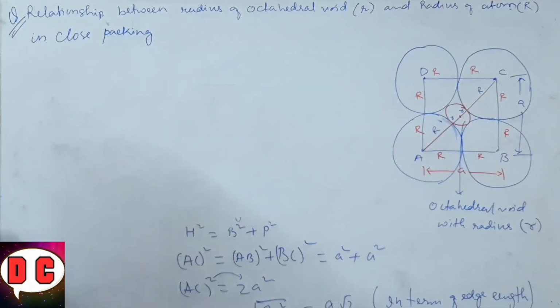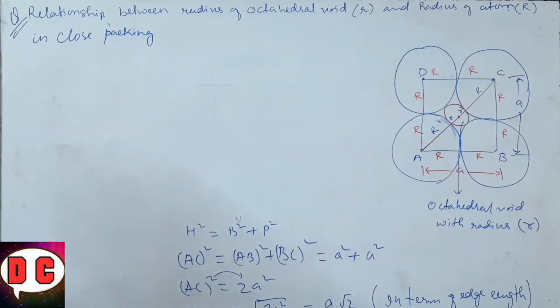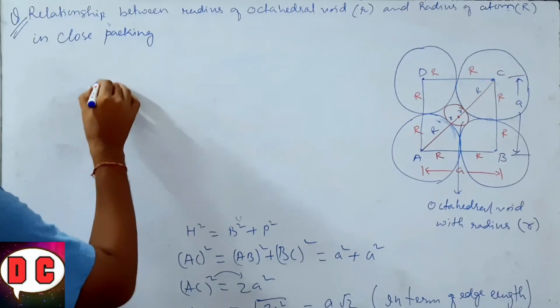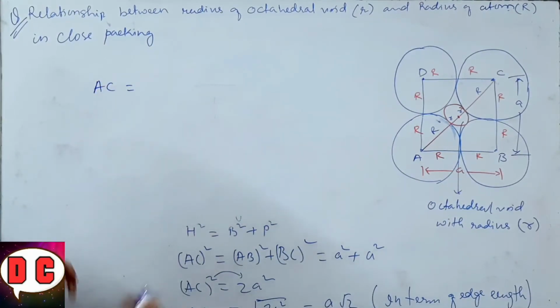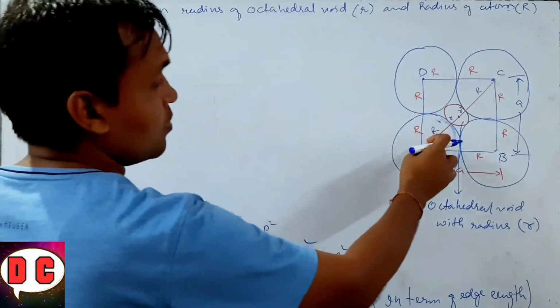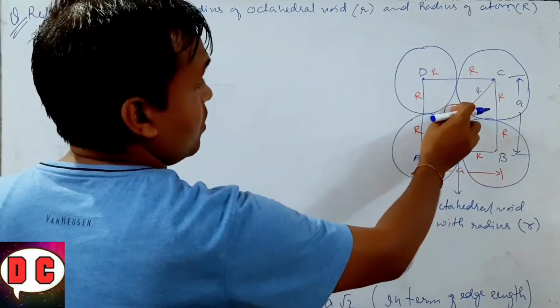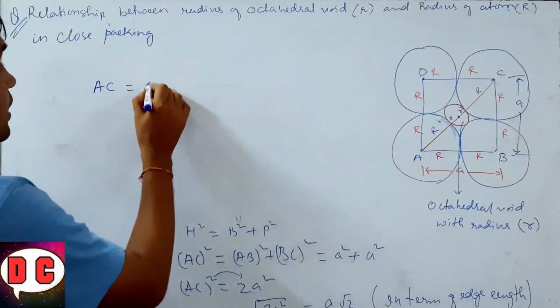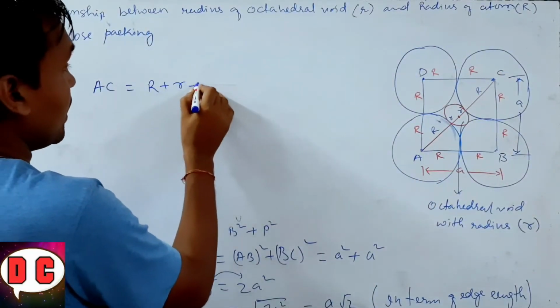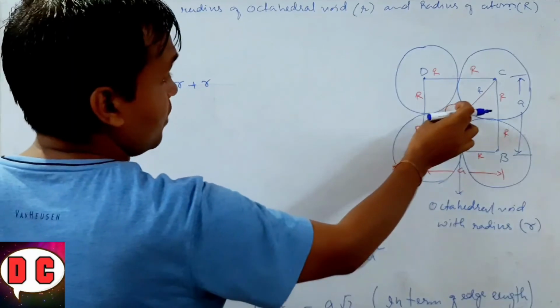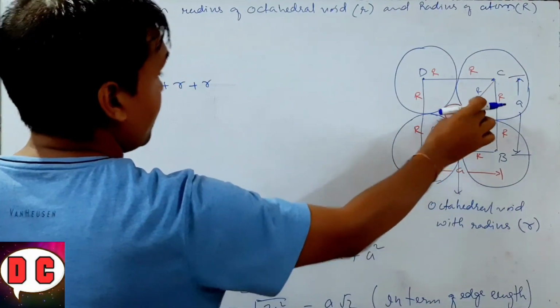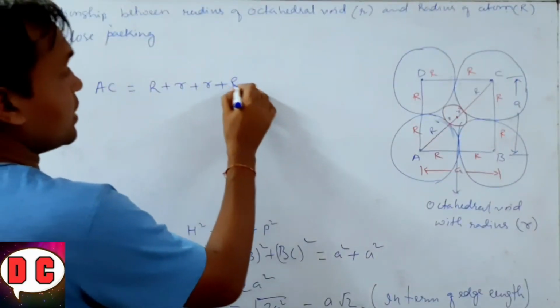Now this was the AC value in terms of edge length. Now we'll find the AC value in terms of radius. We can write it in terms of radius, capital R, small r, capital R. So we'll write here R plus small r plus small r plus R. 2r will be there because it is a diameter, so R plus the void radius plus the outer radius.